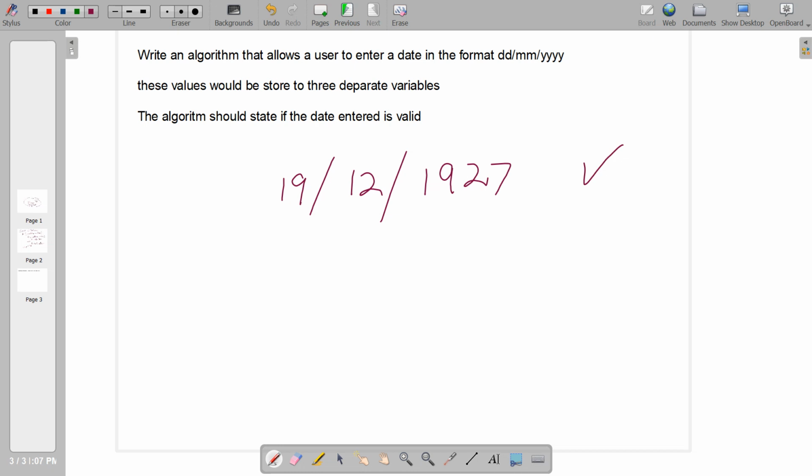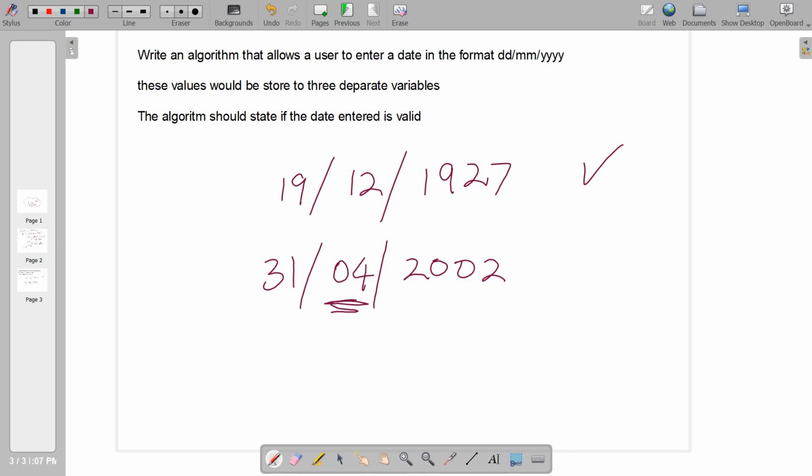Then let's say we have the 31st of the 4th, 2002. No? Why? We know that by looking at the month.